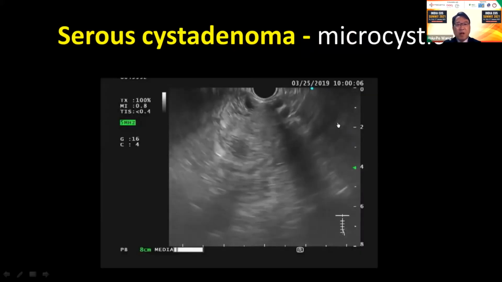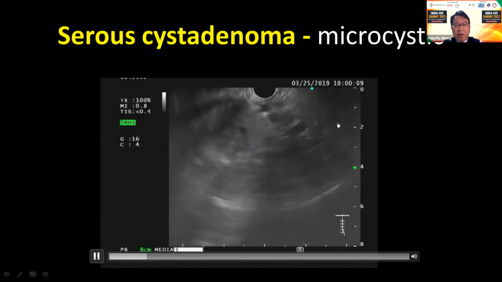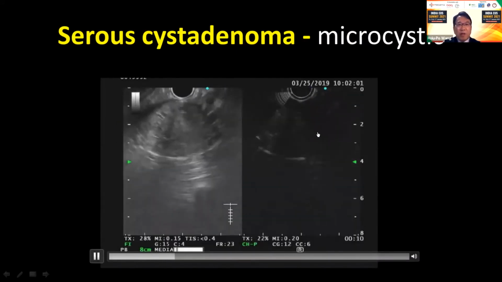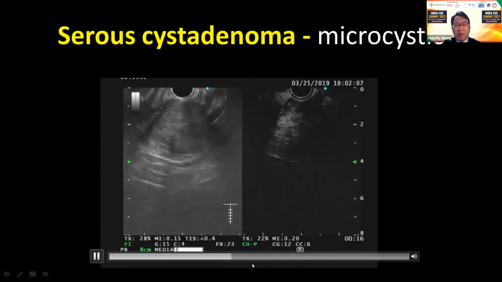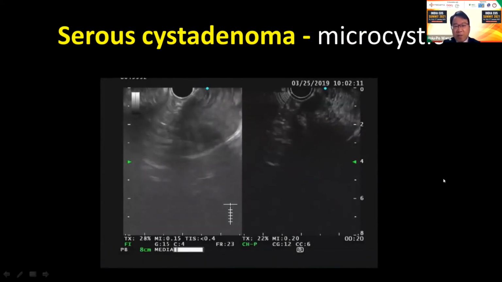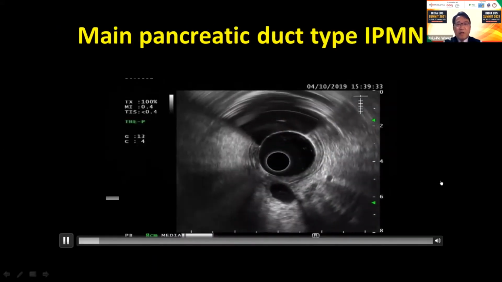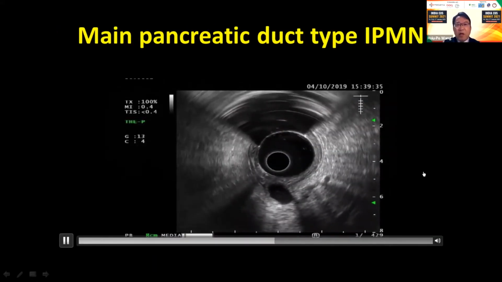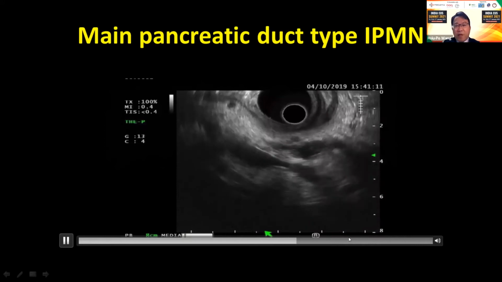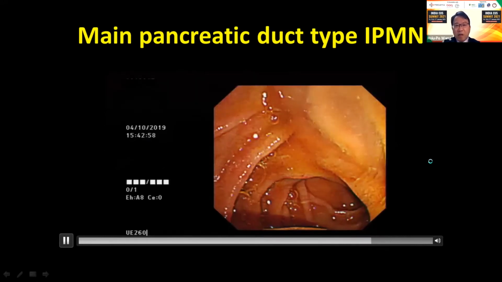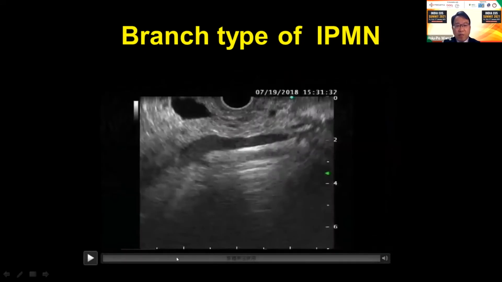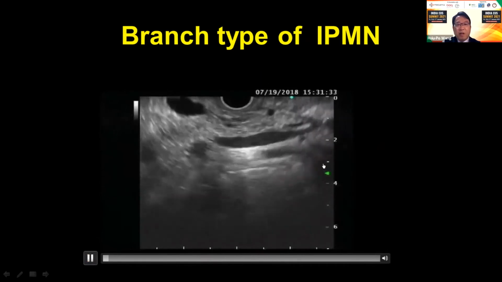This picture shows the EUS image of serous cystic adenoma, including the microcystic type, macrocystic type, and mixed type. And this is solid-like serous cystic adenoma. After the contrast enhancement, you can see a lot of microcystic components. This video shows the main pancreatic duct type IPMN, with a lot of solid part in the main pancreatic duct. And this is a branching type IPMN.